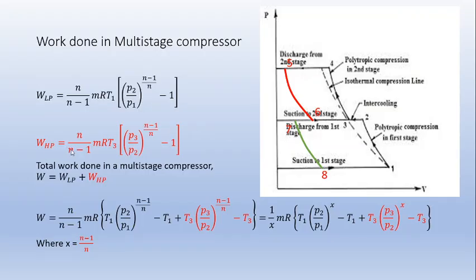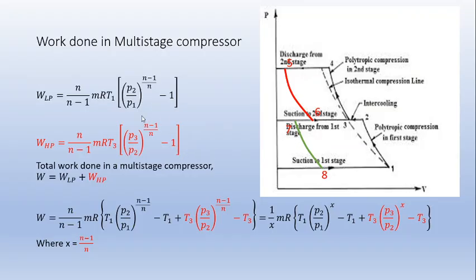For the high pressure cylinder, 3, 4, 5, 6 is the PV diagram. So the equation will be n by n minus 1 into mR T3 into (P3 by P2 raised to n minus 1 by n, minus 1).